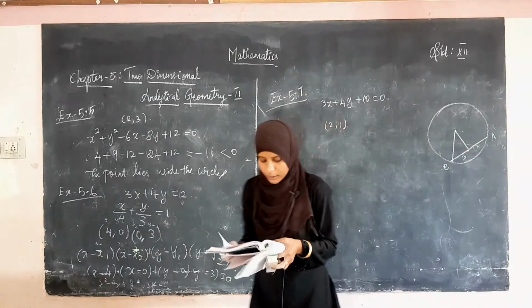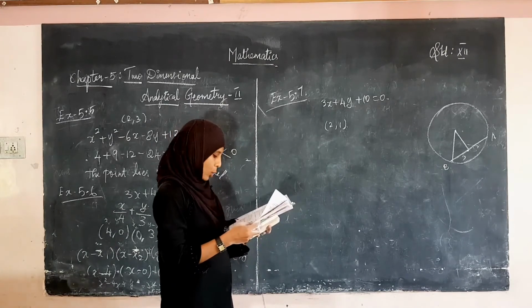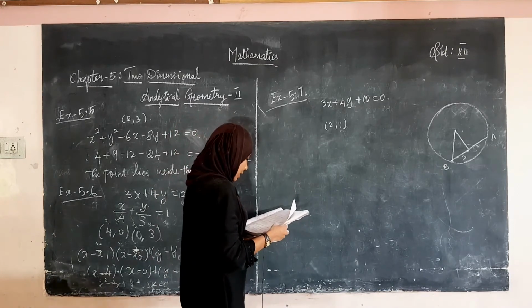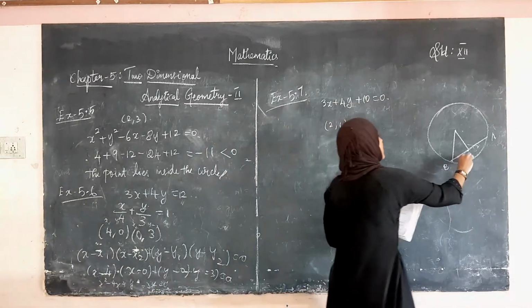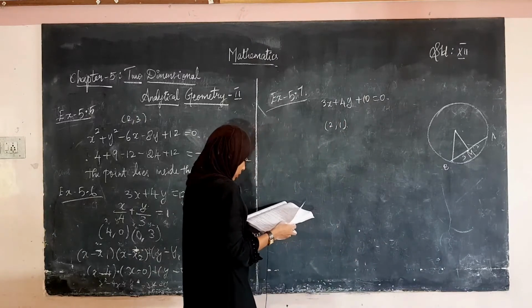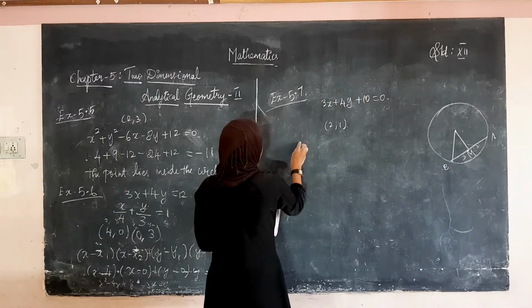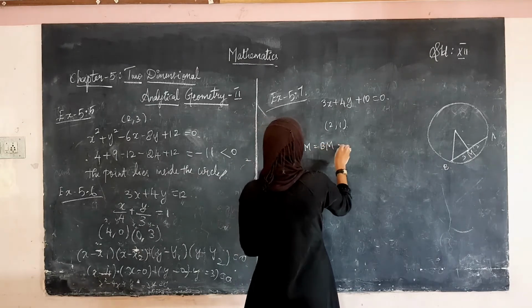Okay, so what you have taken is C, which is (2, 1), the center of the circle, and let M be the midpoint of the chord AB. If M is the midpoint, AM equals BM equals 3 units.